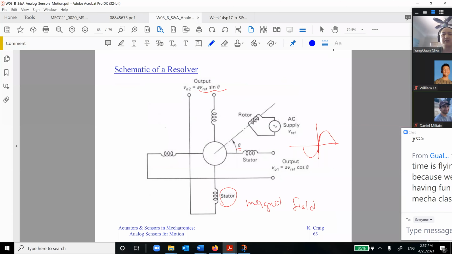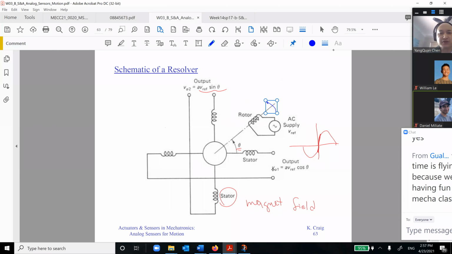So let's see it this way. Basically you have a rotor with an AC power supply, but you have a stator here not changing. So if you move, theta changes. You are going to see that the coupling of the rotor and stator coils is different.